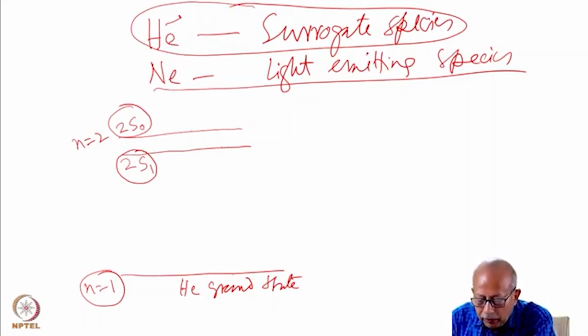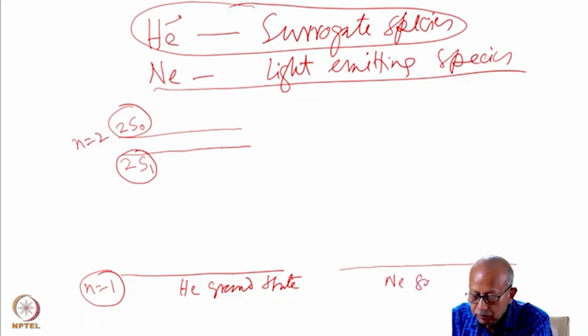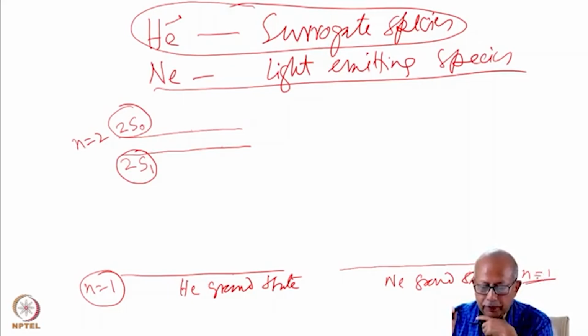Now let us turn our attention to neon. So this is the neon ground state, the ground electronic state, which is the first orbit, n equal to 1.